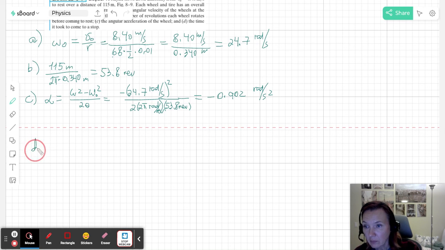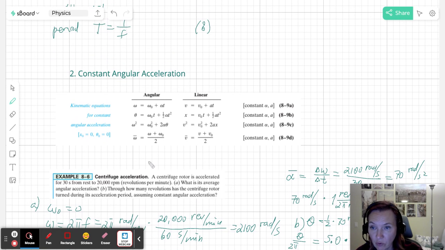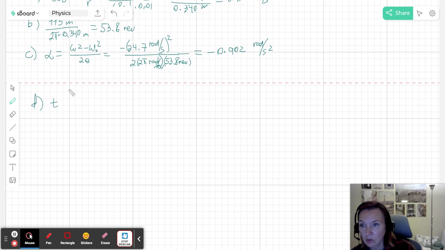Finally, part D, we need to calculate the time it took to come to a stop. Let's take a look at our formulas. We can probably use the very first formula for the time, because we know the velocity omega and the acceleration alpha, and then we can figure out t. So t is going to be equal to omega minus omega 0 over alpha.